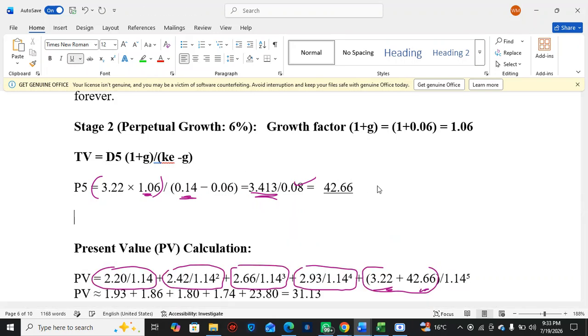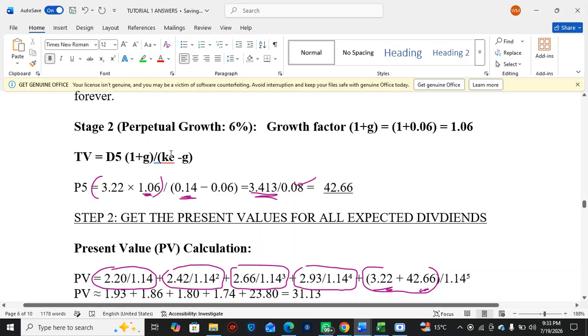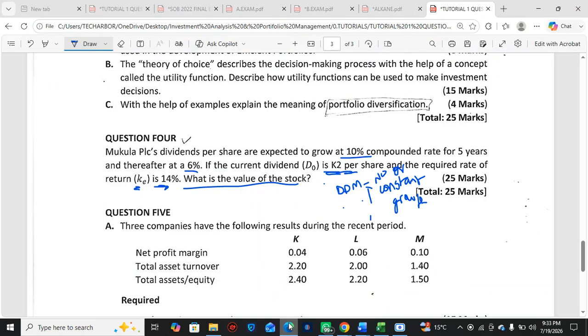Okay, step two, all of these future dividends, you get the present values, including also this one for the terminal value, okay? So remember, present value formula comes in two forms.